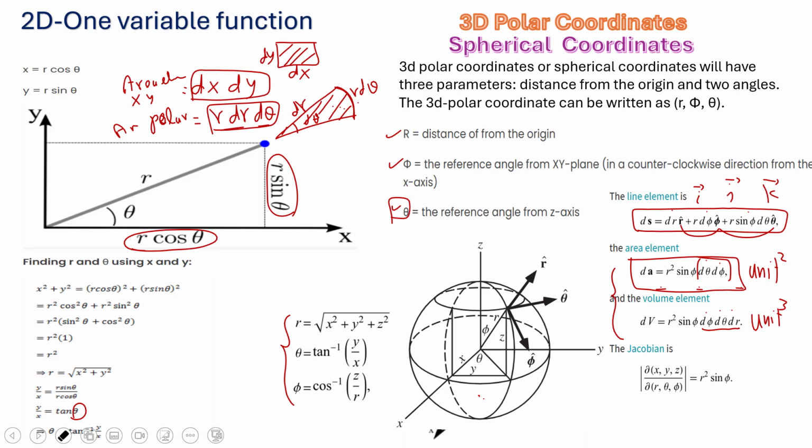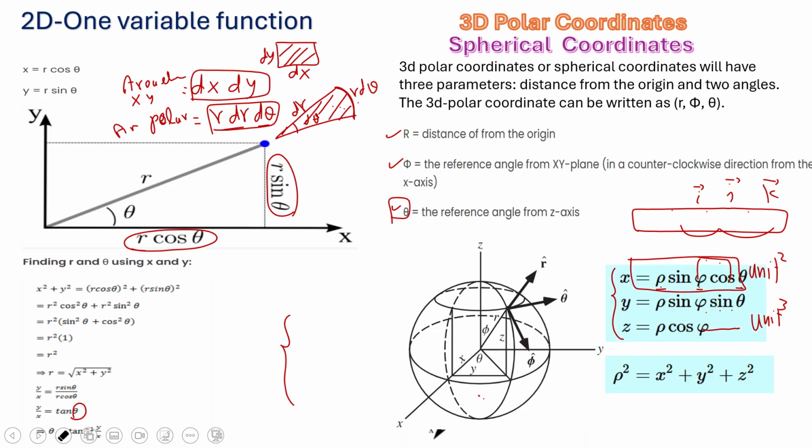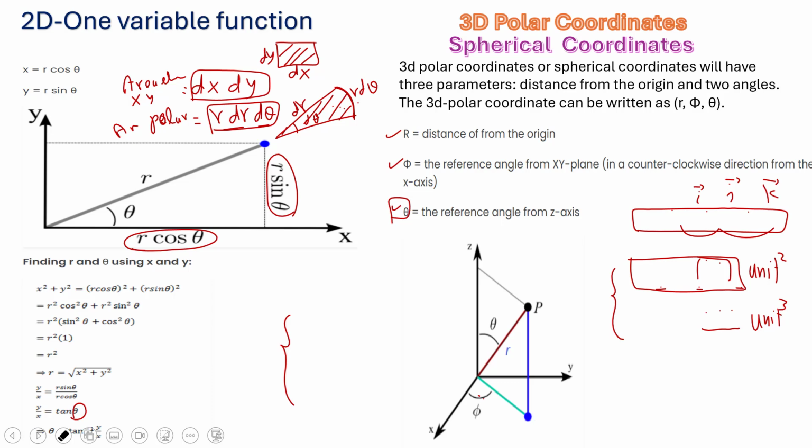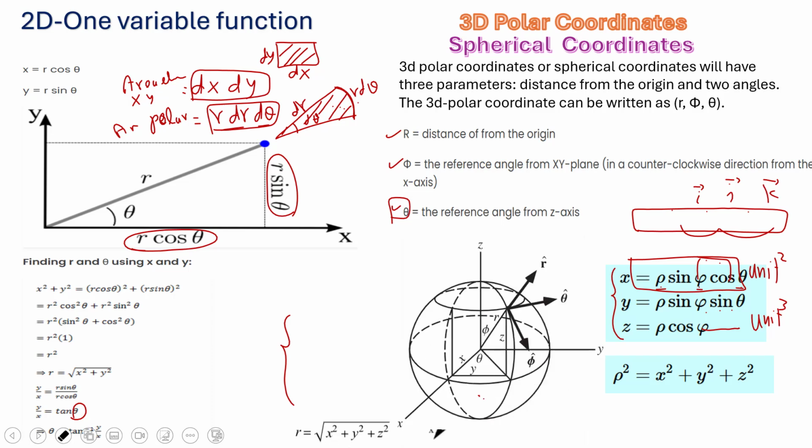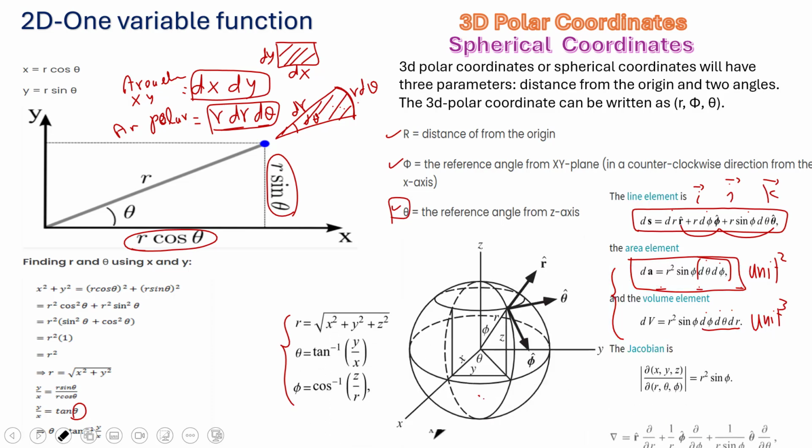You have x, y, z in terms of r, theta, phi, so you can differentiate x, y, z with respect to r and theta and phi. So you know r squared sine phi is coming from the Jacobian, right?